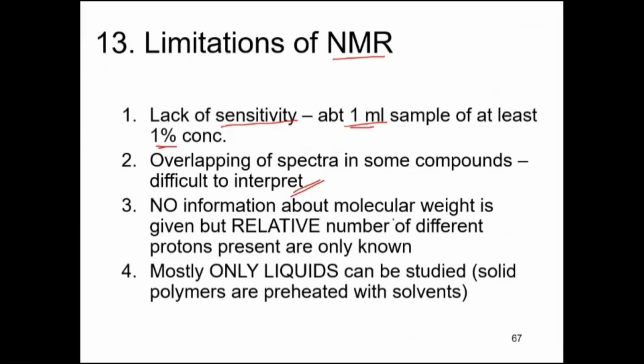No information about the molecular weight is given, but the relative number of different proton sets should already be known. Then only you can interpret the signal. So you should know how many protons are present in the molecule before you go for NMR. That can be done with CHN analysis, a different method of analysis. You basically determine how many carbon, hydrogen and nitrogen atoms are present in the compound.